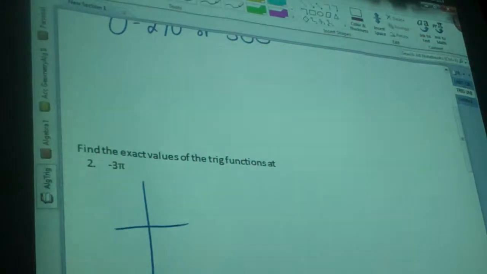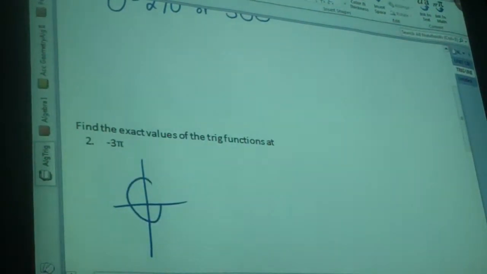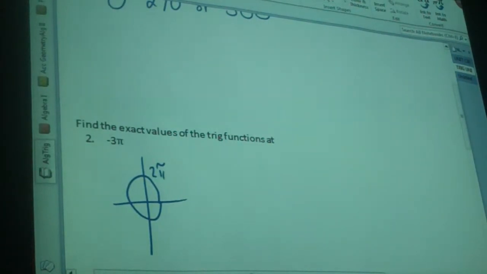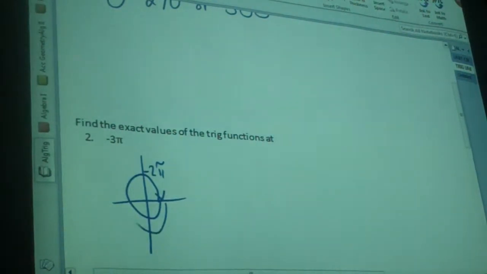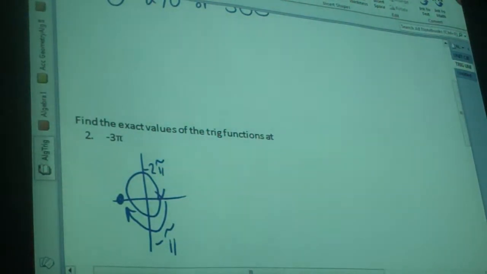Because remember, there's 2 pi in one full rotation. So this is 2 pi, negative 2 pi if I'm going this way. And I go another negative pi. So that coordinate point is right there, which is positive pi or positive 180. What's the coordinate point? Negative 1, 0.